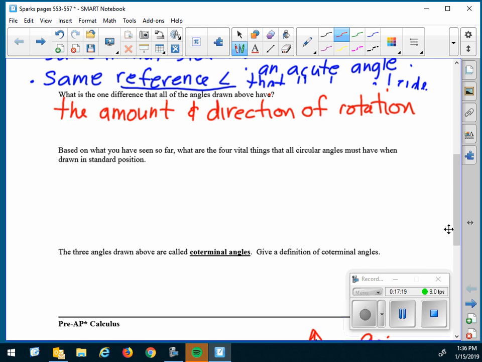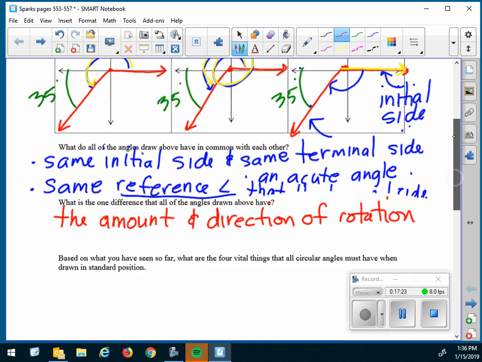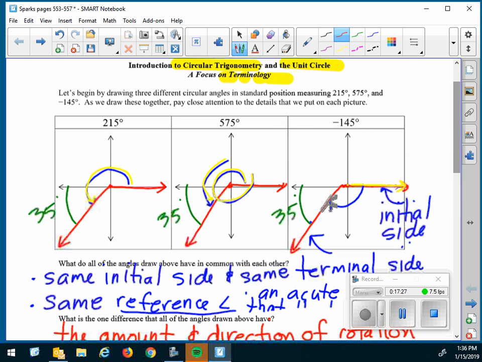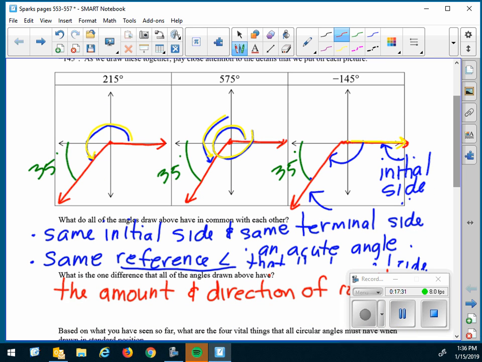Now, you got that? The first two angles were rotated which direction? Clockwise or counterclockwise? A positive angle measure has counterclockwise rotation. You need to write that down.